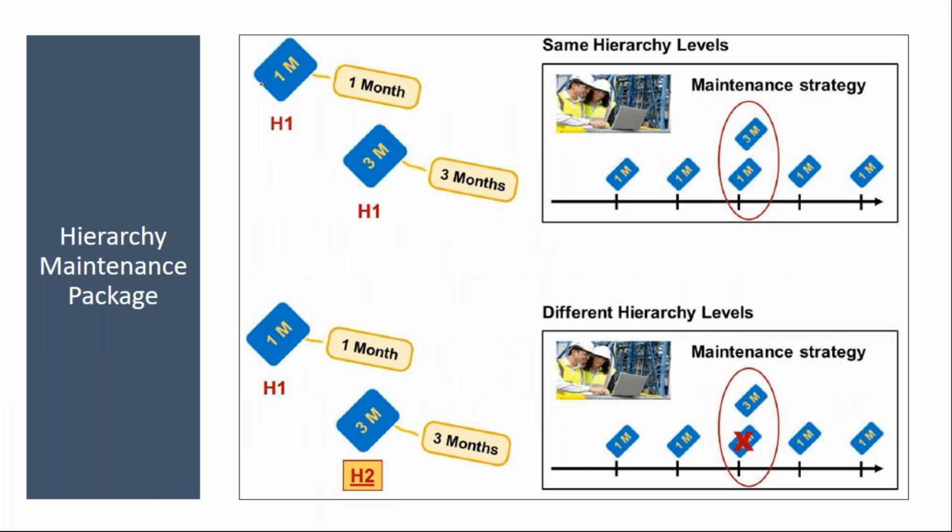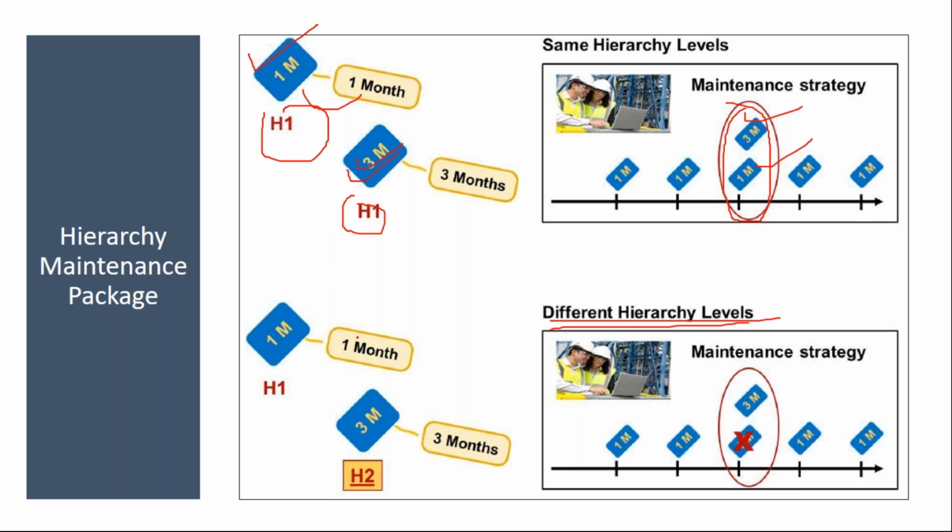Suppose let's say you have two cycles, a 1 month cycle and a 3 month cycle. If you assign the same hierarchy to the two cycles, then on the third month you will execute both. On the third month you will do the 3 months maintenance and the 1 month maintenance. But suppose you use different hierarchy levels.